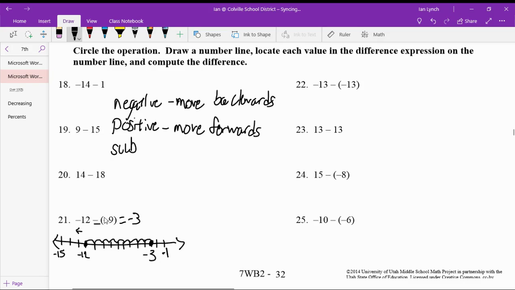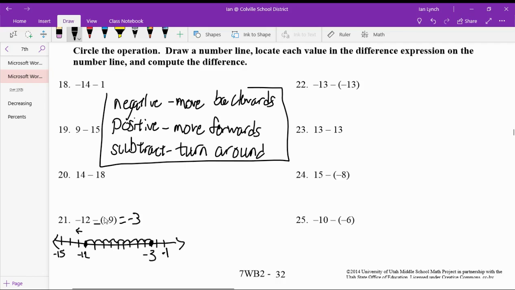Subtract: turn around. All right, these rules here are really going to help us out as we move through this unit and start getting more and more complicated with what we're doing with our integers.